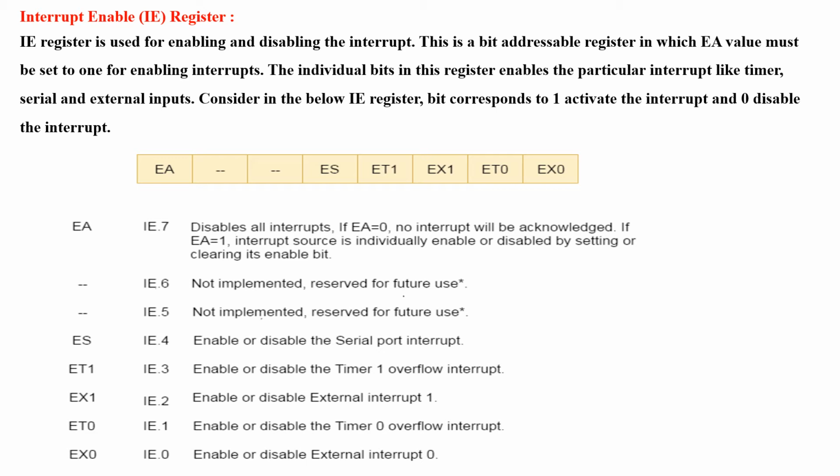It is used to enable or disable external interrupt 1. ET0 is the first bit of IE. It is used to enable or disable the timer 0 overflow interrupt. EX0 is the 0th bit of interrupt enable and it is used to enable or disable external interrupt 0.